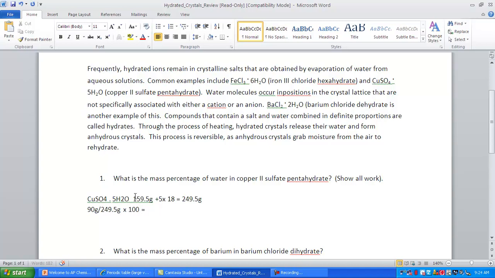So 90 divided by 249.5 times 100, 36.07% by mass water.